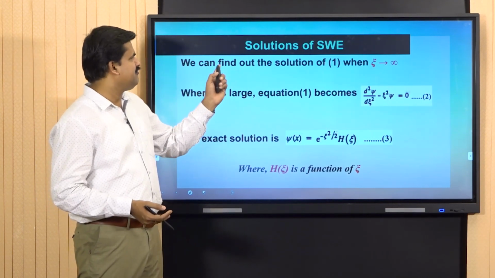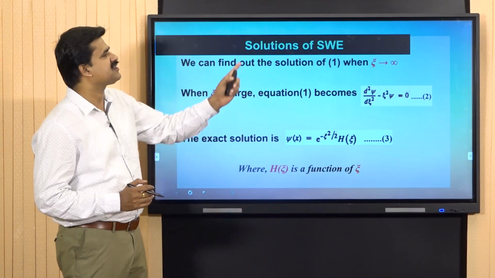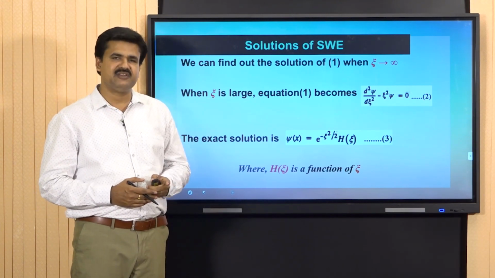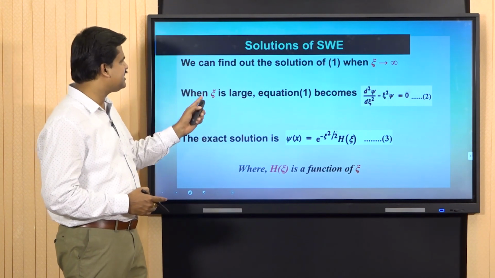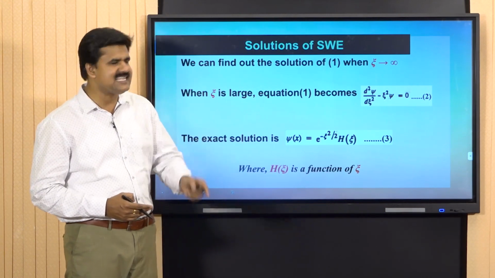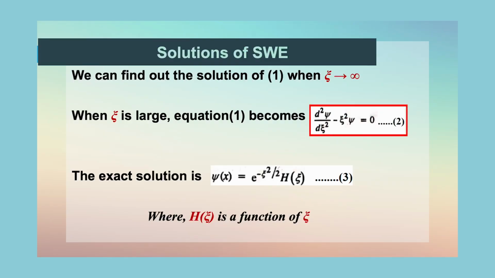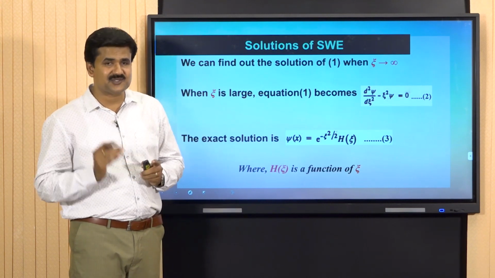And we are now finding the solution of equation 1 when xi tends to infinity. When xi tends to infinity, that is when xi is large, equation 1 will change to d square psi by d xi square minus xi square psi is equal to 0. And for that situation, there will be an exact solution.